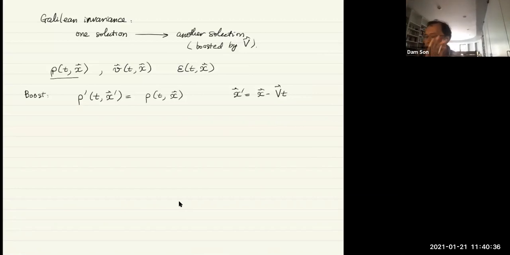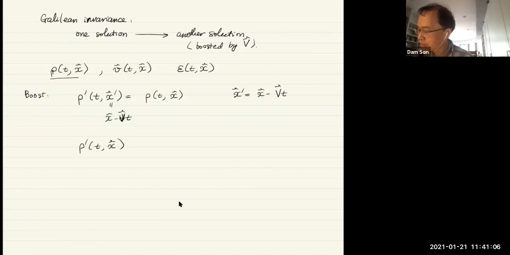It just means that we are dealing with the same configuration in two different systems of coordinates, but we can also think about this more mathematically. We can say that there is a new configuration. Let me write it this way: since x prime is x minus v times t, I can write rho prime at t, x.